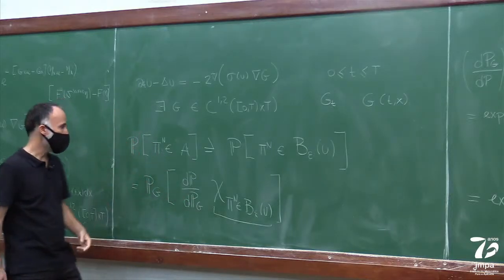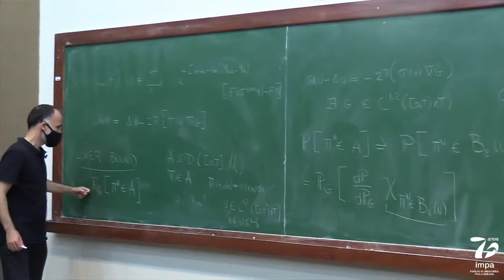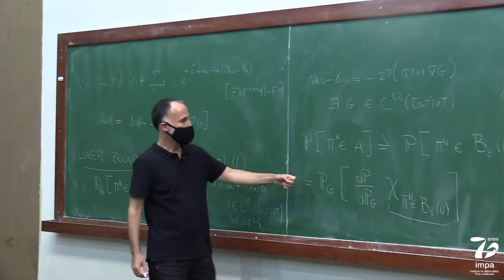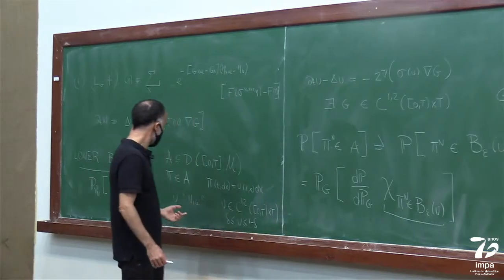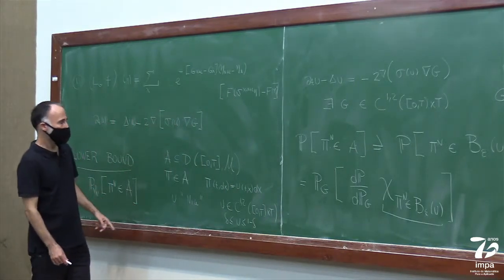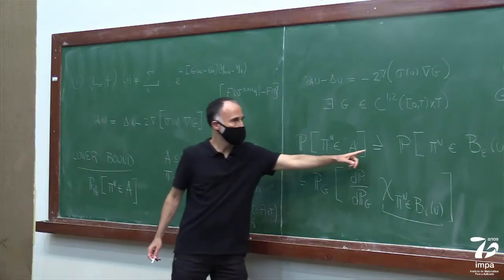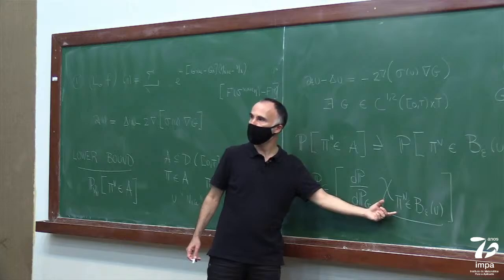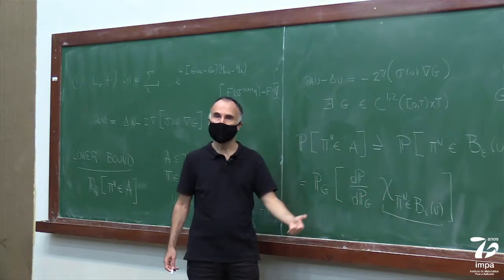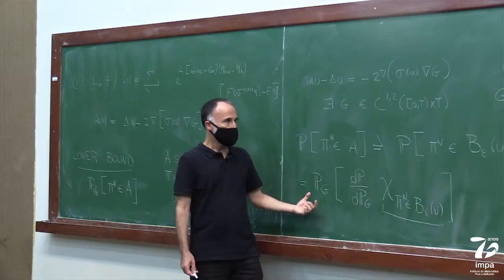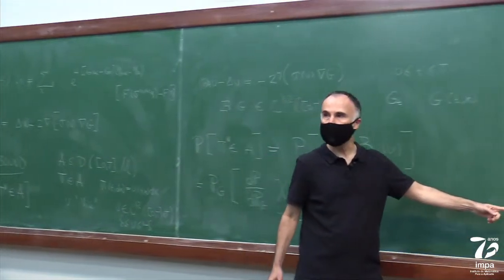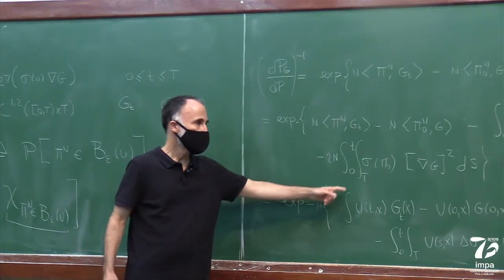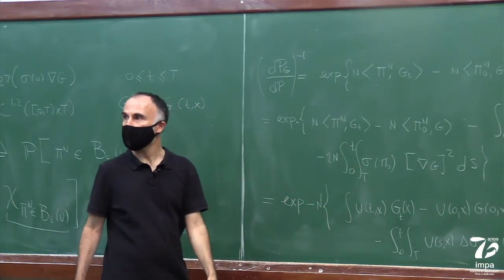So when I take 1 over n log of this probability, this is larger or equal than 1 over n log of an expression which converges to 1, so that will vanish, plus 1 over n log of this exponential. When I take log and divide by n, this converges to that expression.